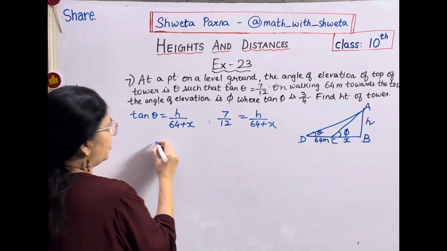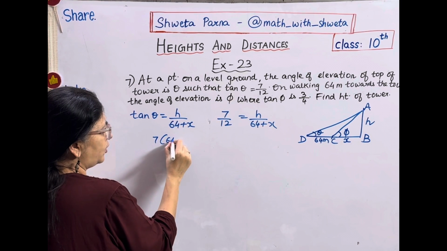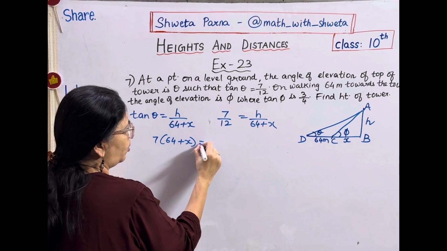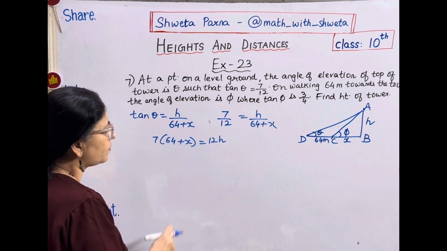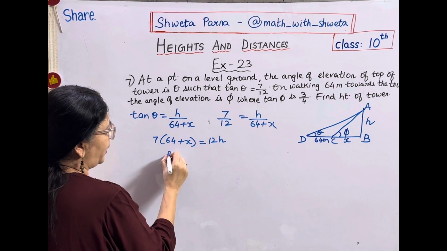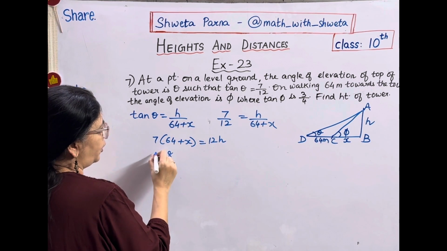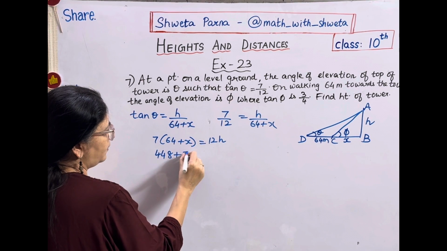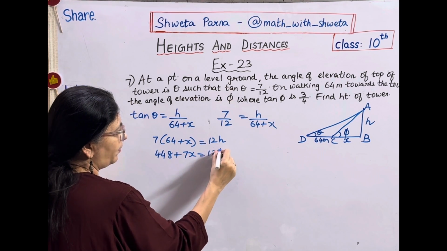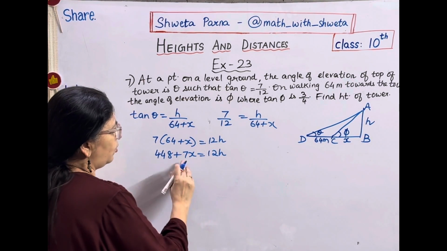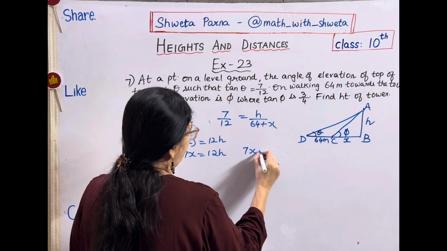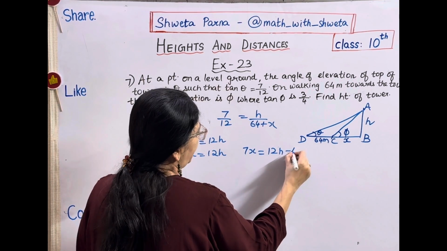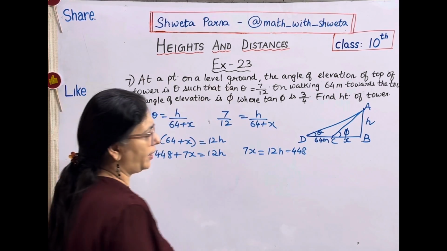Cross multiply. So 7 into 64 plus x is equal to 12h. 7 4s are 28, 7 6s are 42, 448 plus 7x is equal to 12h. So 7x is equal to 12h minus 448.